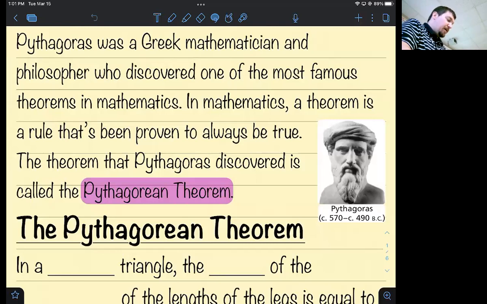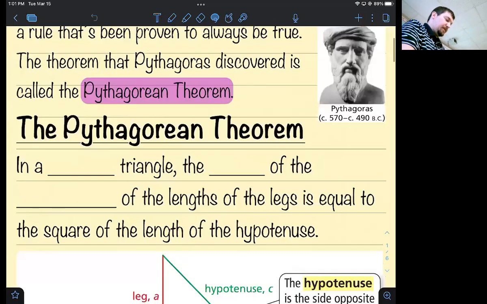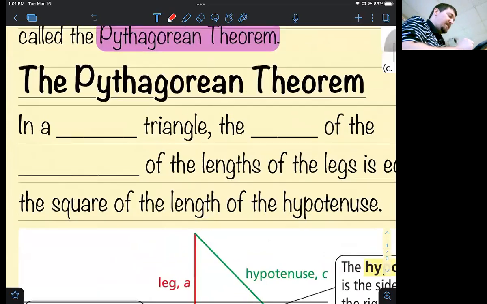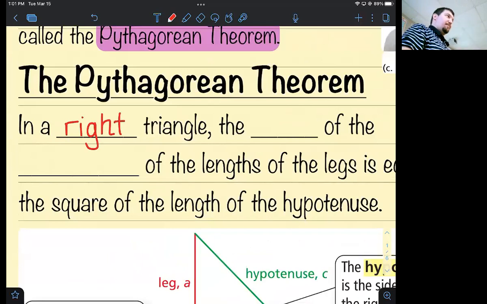In mathematics, a theorem is a rule that's been proven to always be true. The theorem that Pythagoras discovered is called the Pythagorean Theorem, and here's what the Pythagorean Theorem states. In a right triangle. Now, do you know what kind of triangle a right triangle is? Yes. You should. We did that a couple chapters ago, right?